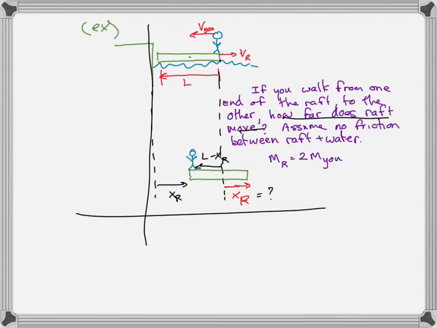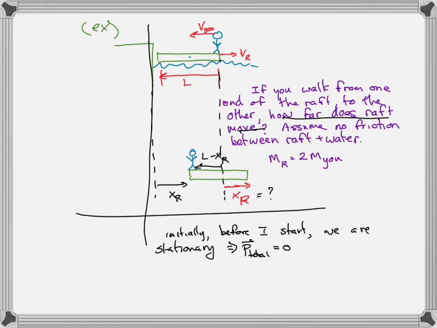Okay, so we can do this from a momentum conservation point of view. There are a number of ways to look at this, but let's just look at it from a momentum conservation point of view. Initially, in the top picture, we're sitting still. Then I start walking to the left, the raft starts moving to the right. So before I start walking, the total momentum of the system is 0.